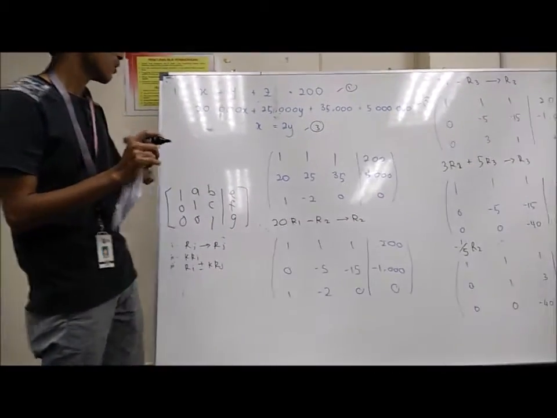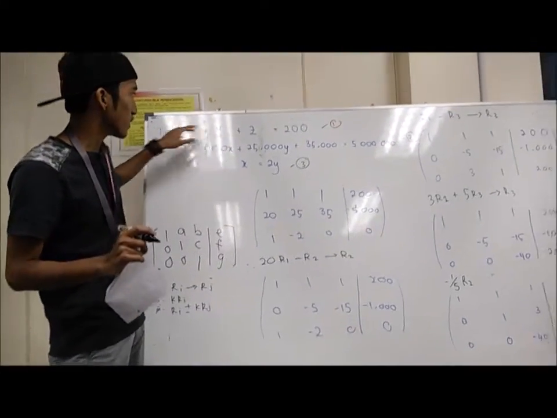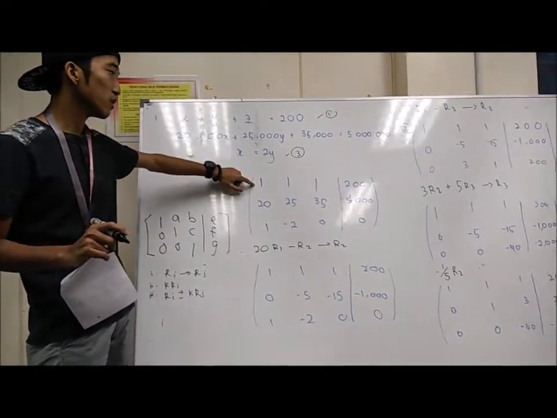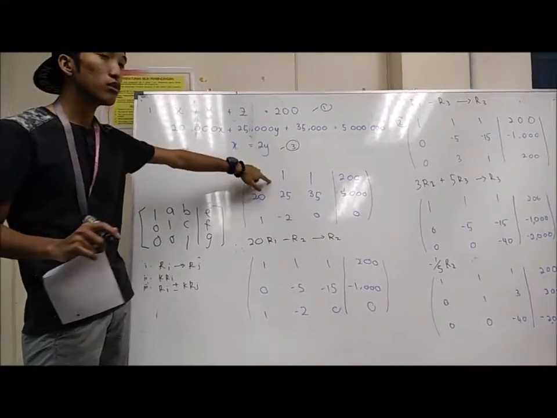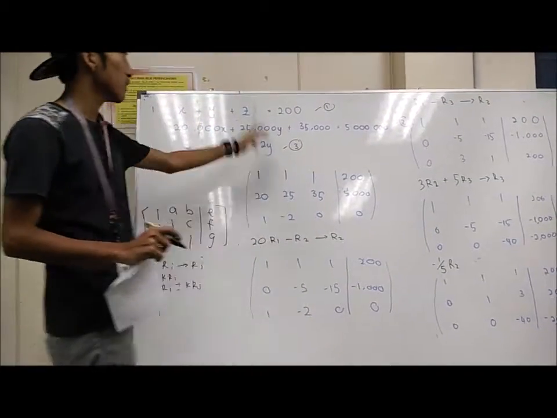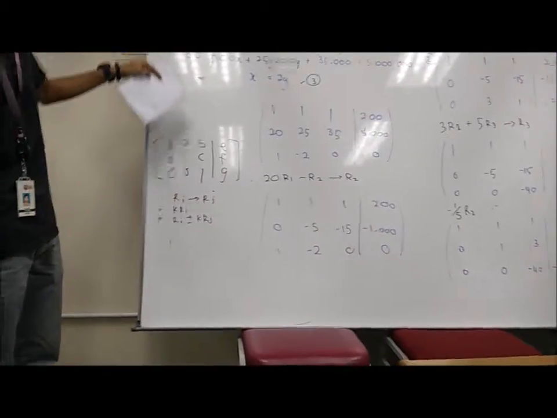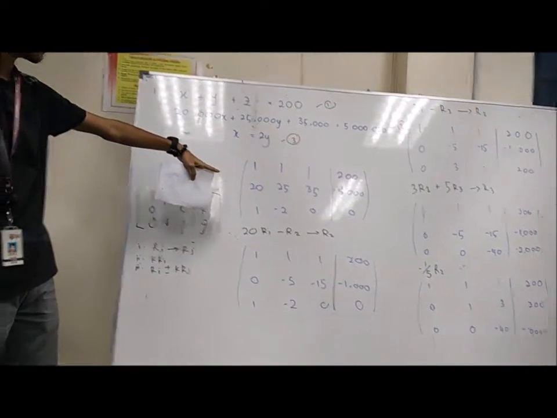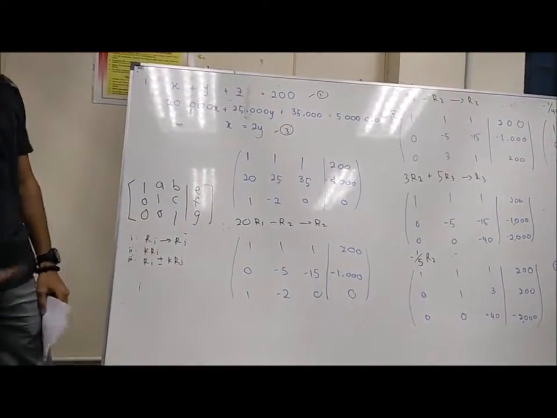So first row, 1 question. So x is column 1, y is column 2, z is column 3, and so on. So the equation 2, I give this answer for simple for we understand.